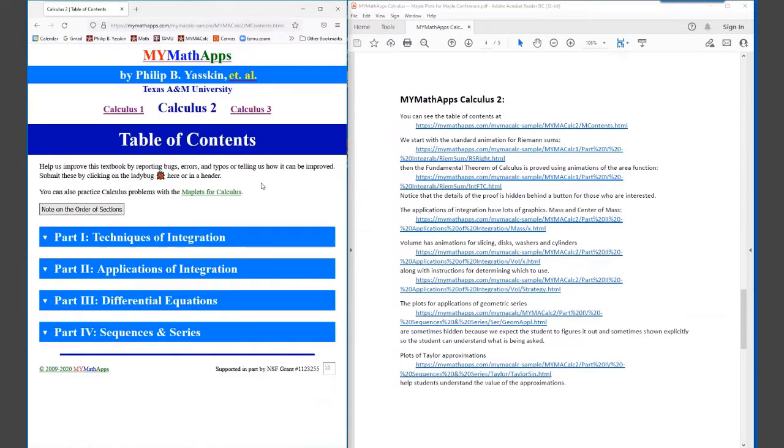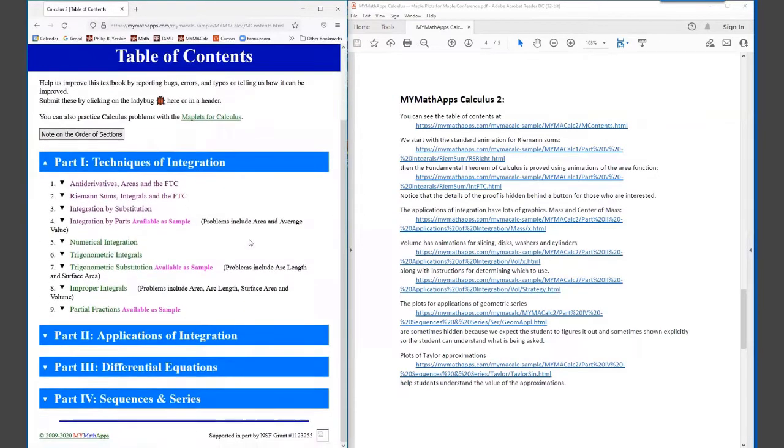Let's go on to Calc 2. Here is the table of contents for Calc 2. First, they learn techniques of integration, starting off with antiderivatives and Riemann sums, and then the various techniques of integration. Except on antiderivatives and Riemann sums, there aren't many animations in this part.